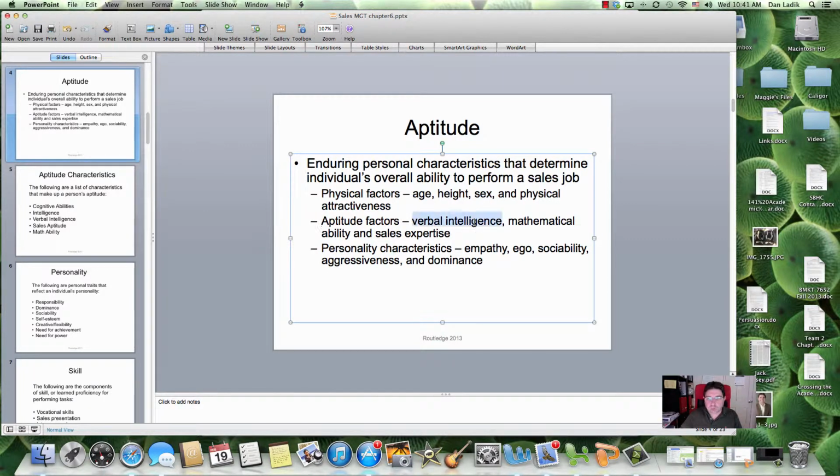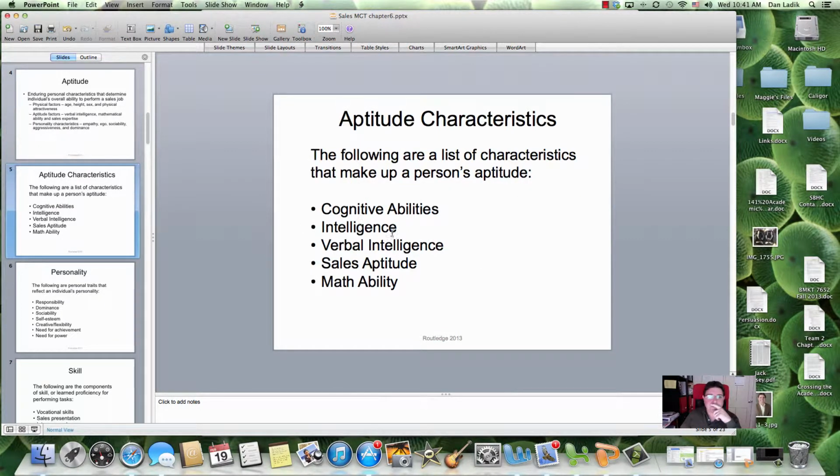Aptitude, verbal intelligence, mathematical ability, sales experience, and then we have a lot of personality characteristics. This is where I like to spend a little bit of time research-wise. Empathy is a big construct for me. Ego, sociability, aggressiveness, dominance. One of the new ones that I'm looking into is called grit, which is your ability to see things through.